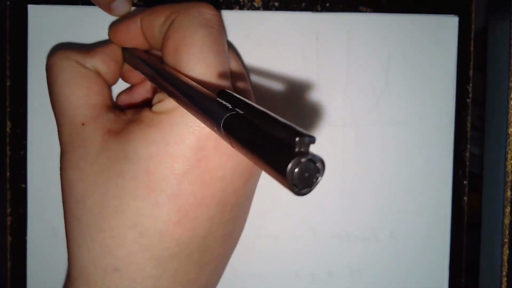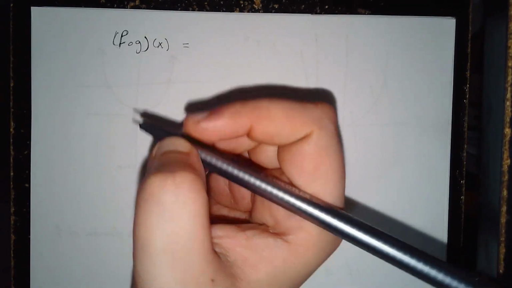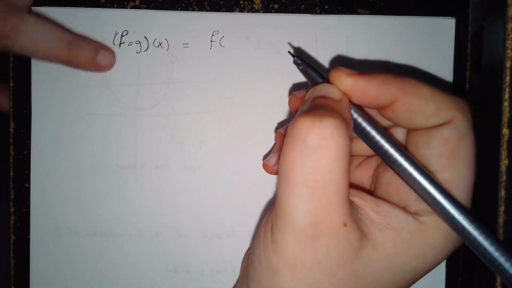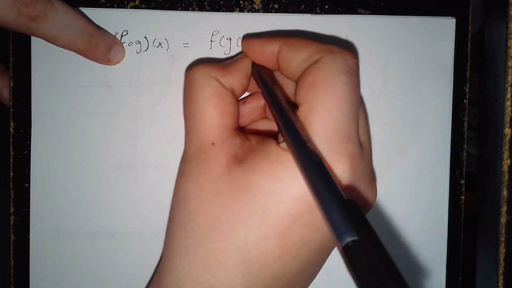So we're not actually multiplying one function times the other. What we're trying to do, oh sorry, let me try and focus this. There. What we're trying to do here is plug one function into the other, right? So the function on the outside is the one that's going to be written first. So this one outside, and then the g is on the inside.